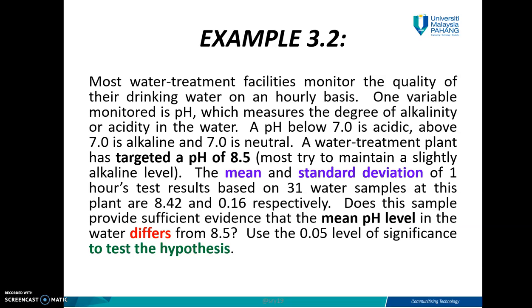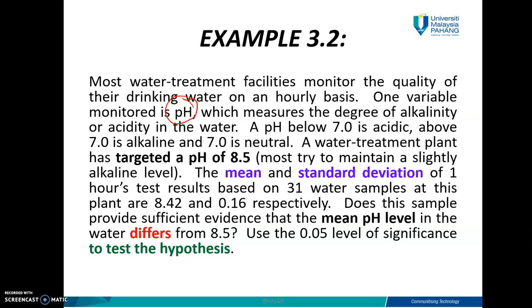Look at this example 3.2. Most water treatment facilities monitor the quality of their drinking water on an hourly basis. One variable monitored is pH. So you can see that the variable they are concerned about is pH, which measures the degree of alkalinity or acidity in the water. A pH below 7 is acidic, above 7 is alkaline, and 7 is neutral.